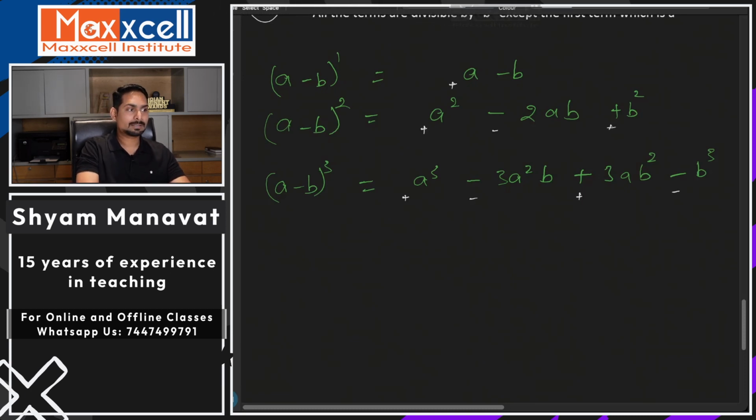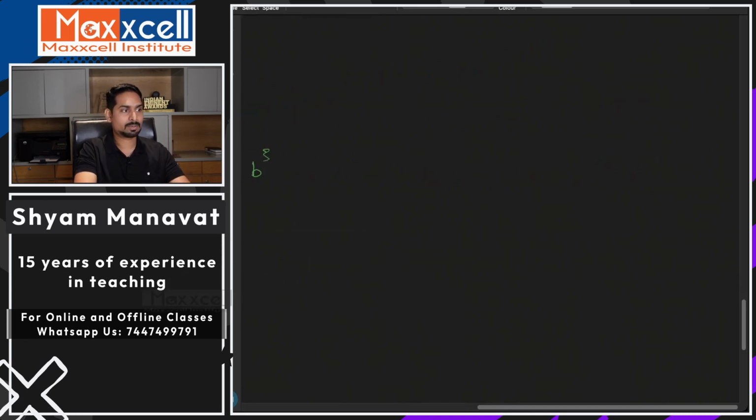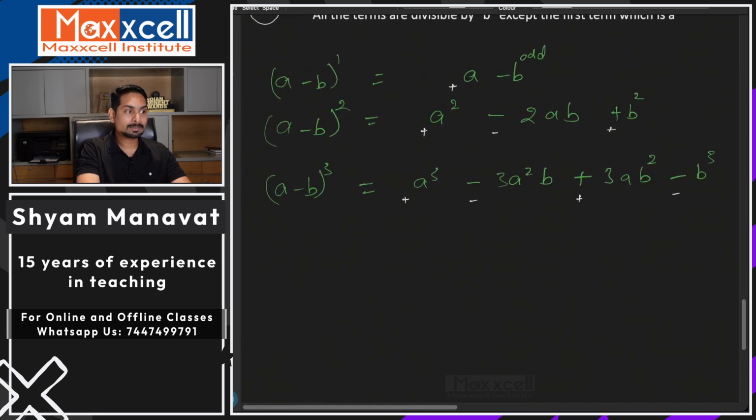You can also see here, if you want to understand this way, for odd power of B, what are odd numbers? 1, 3, 5, 7, so on, odd numbers, right? For every odd power of B, you have negative. B to the power 0, so there is no B, positive.